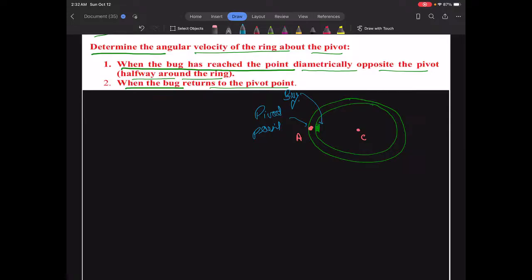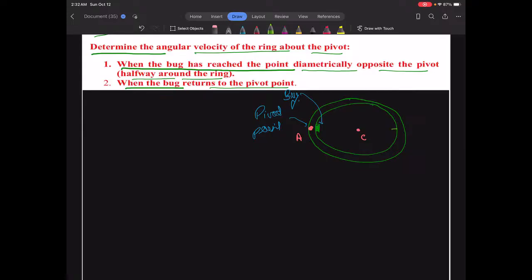So we have to find out what will be the angular velocity of the ring when the bug will be at the opposite end.